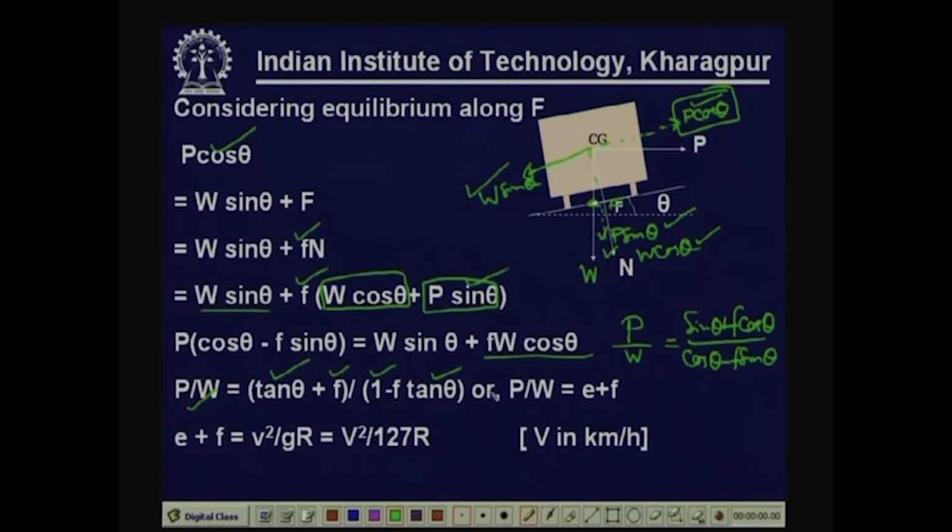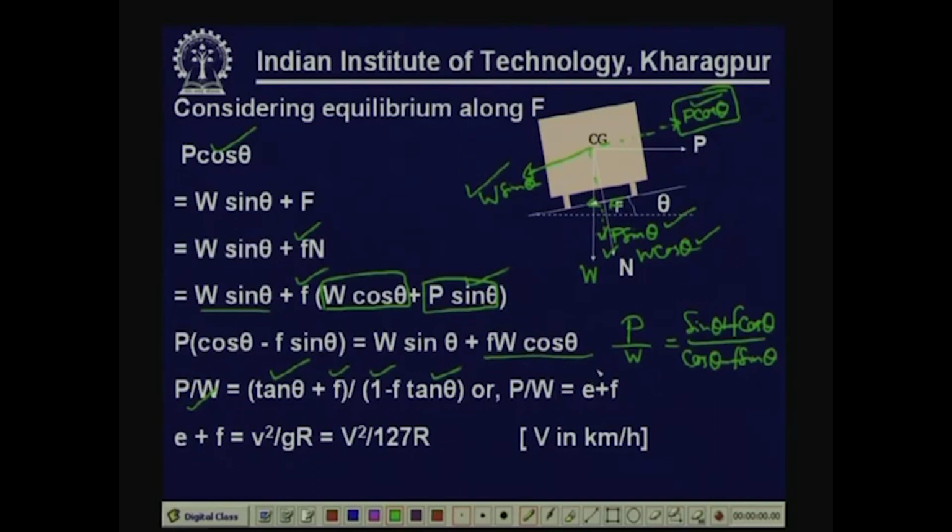So, therefore, what we get is P by W equal to tan theta plus f, but tan theta is nothing but the super elevation, which we normally denote as small e. So, P by W equal to e plus f.